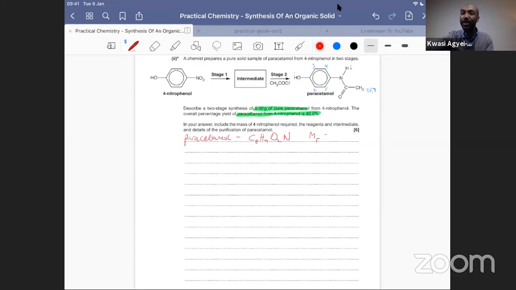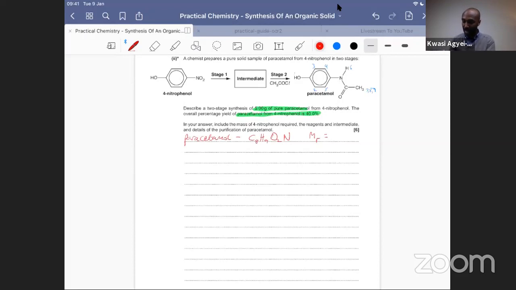Now we can work out the MR for paracetamol. Using our trusty calculator, 12 times 8 is 96, plus 9 is 105, plus 32 is 137, plus 14 gives us 151.